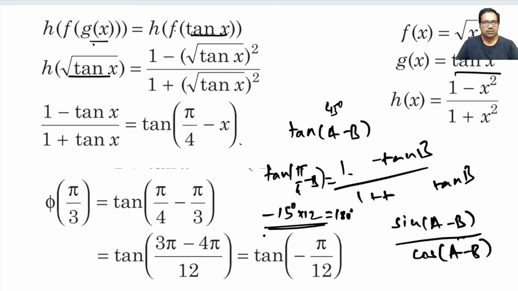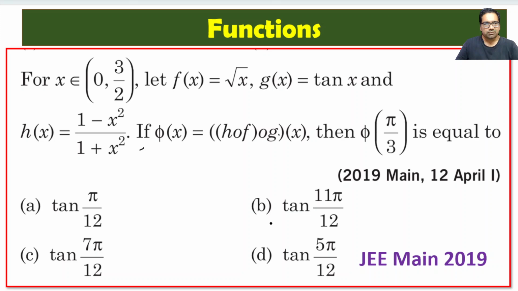Tan of minus pi by 12, we can write it as pi minus pi by 12 also, right? Tan of minus pi by 12 is equal to tan of pi minus pi by 12, which is nothing but 11 pi by 12, right?